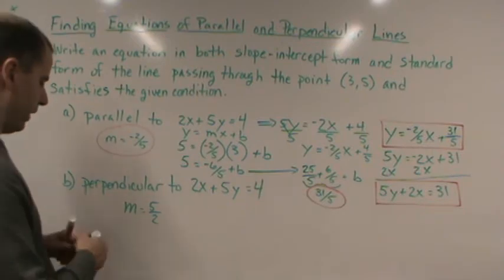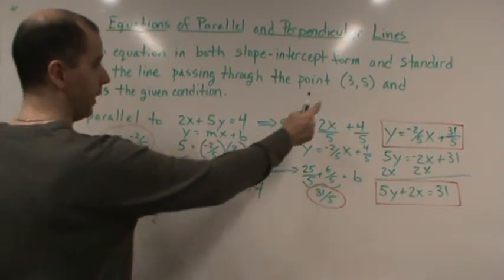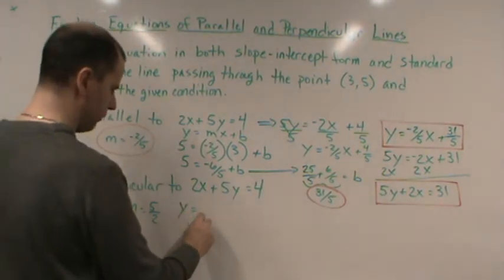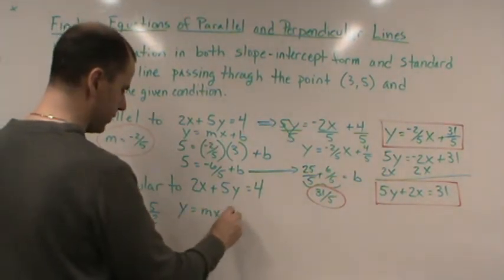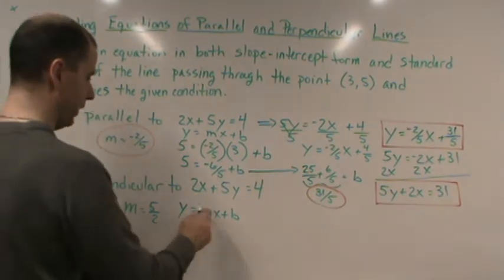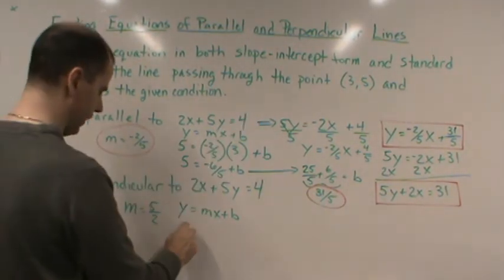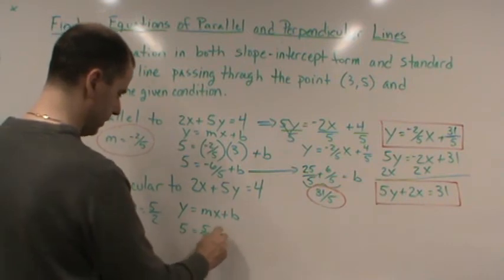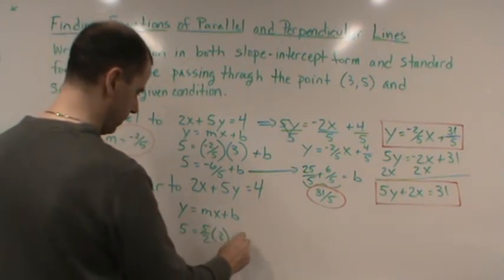And so now all we have to do is solve. Again, we've got this point, we've got this slope, and now we're back to solving for our equation of a line. And so we're going to put in again our point, 3, 5. So this will be 5 equals 5/2 times 3 plus b.